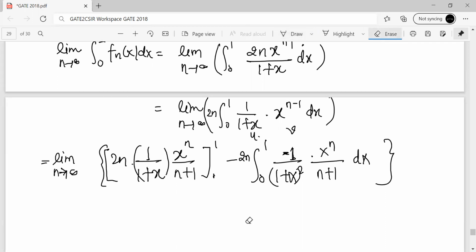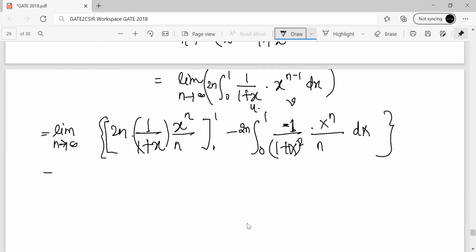It is not n plus 1, it is simply n. Now just put 1. The limit n tending to infinity, as n and n will get cancelled.